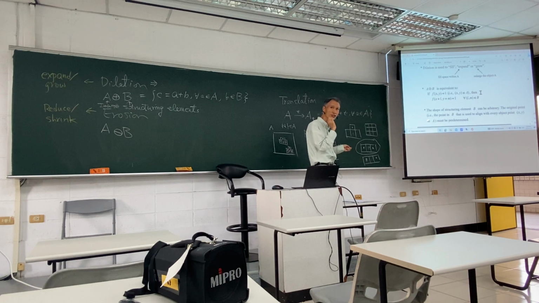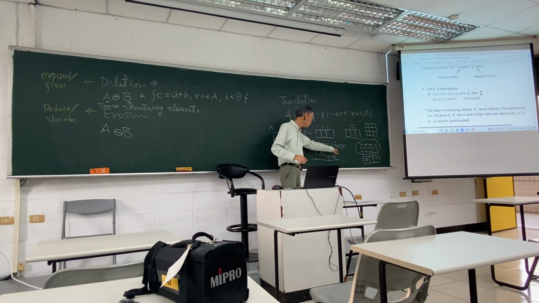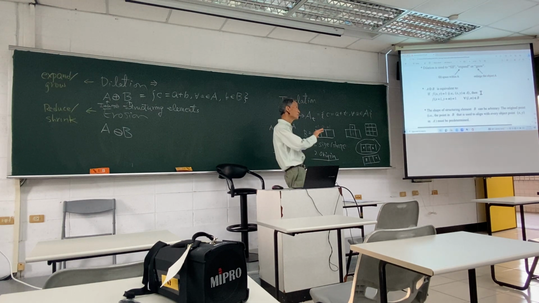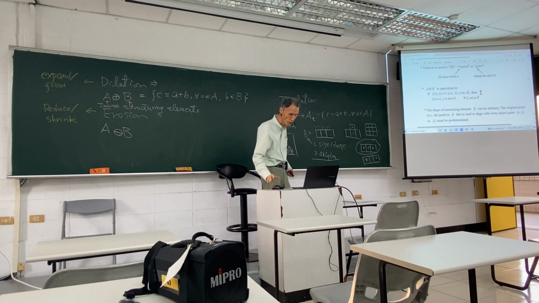And in this case, you know you will expand. How it expands is determined by the structuring element's size or shape and also its origin, where you define the origin. So the set theory that looks very complicated, just write it like this, okay?